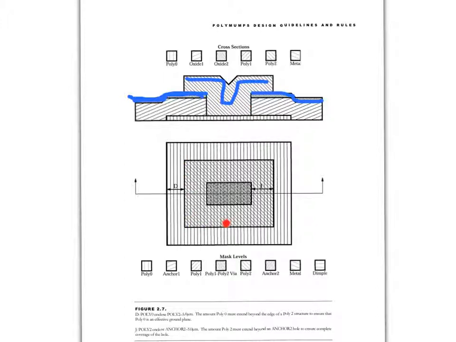This structure here is the poly 2. And this bigger structure here, what do you think? What is this? Poly 0. So you guys are getting it, right? That's another way. You can make your cantilever in poly 2 and anchor it all the way down to poly 0 if you want to. That's okay too. All right?